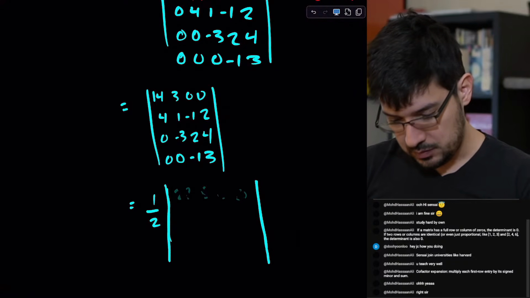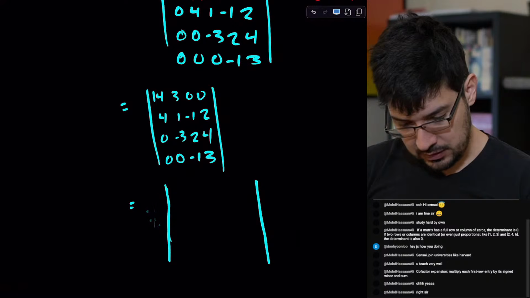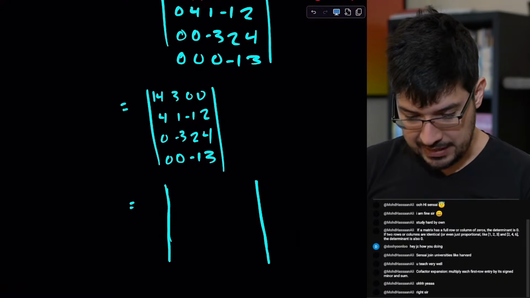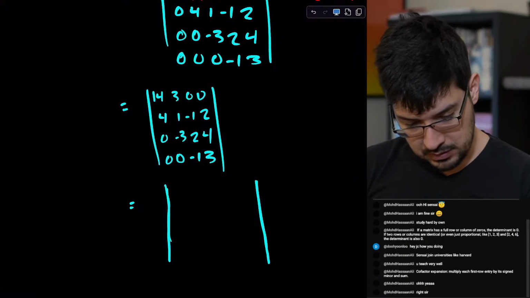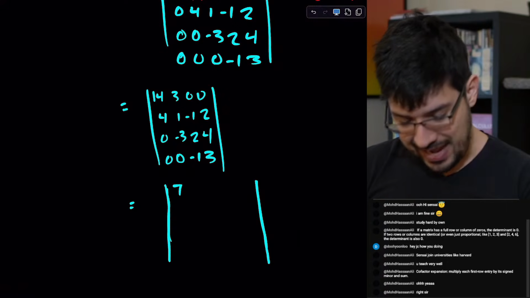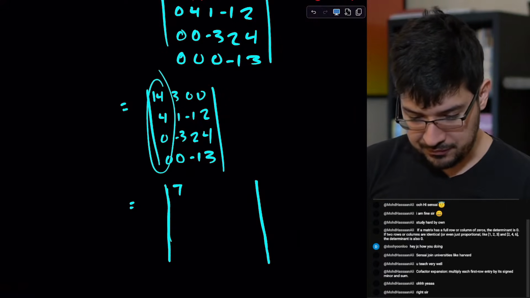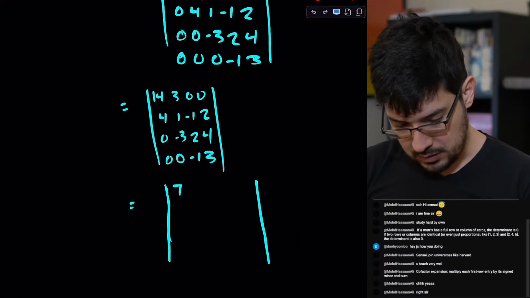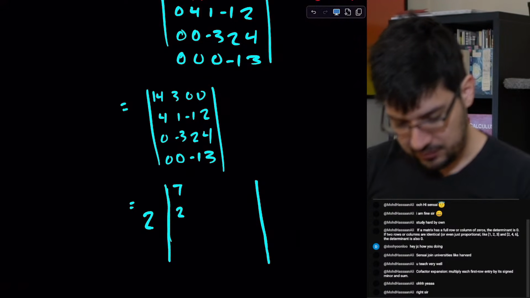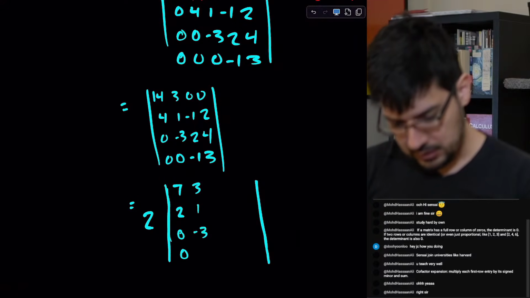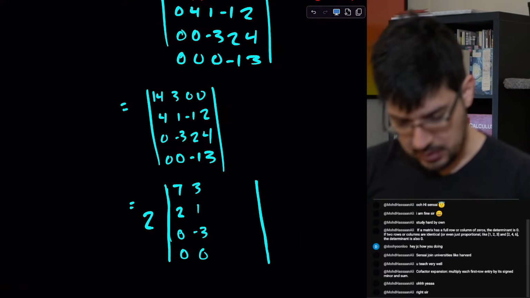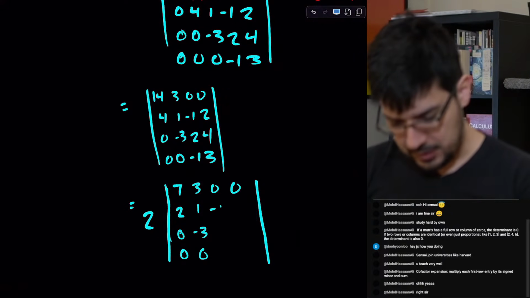Since we can factor a scalar multiple of any row or column, this is a little nicer if I factor out 2 from the first column. So this is 2 times the determinant of 7, 2, 0, 0, 3, 1, negative 3, 0, 0, 0, negative 1, 2, 2, 4, negative 1, 3.